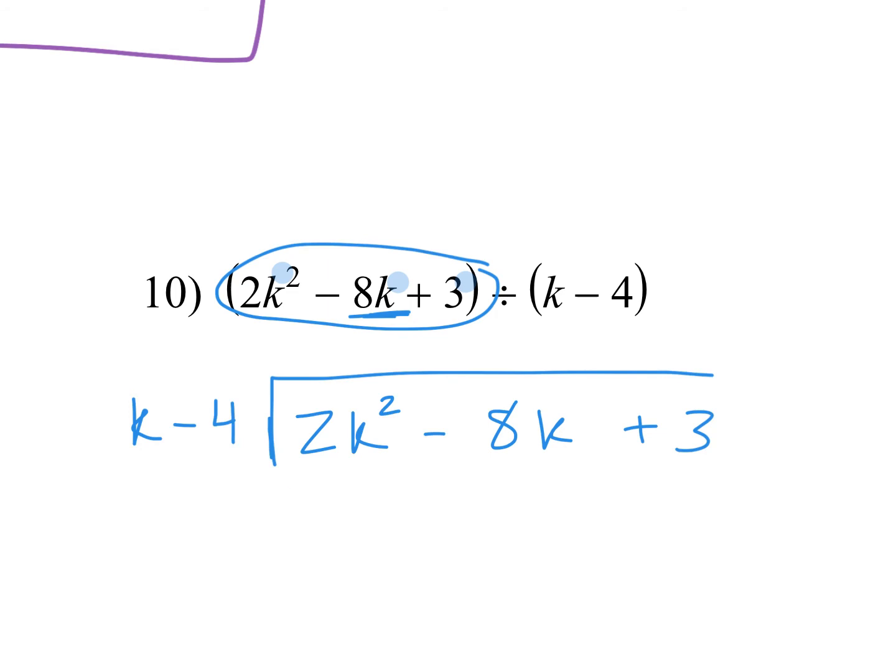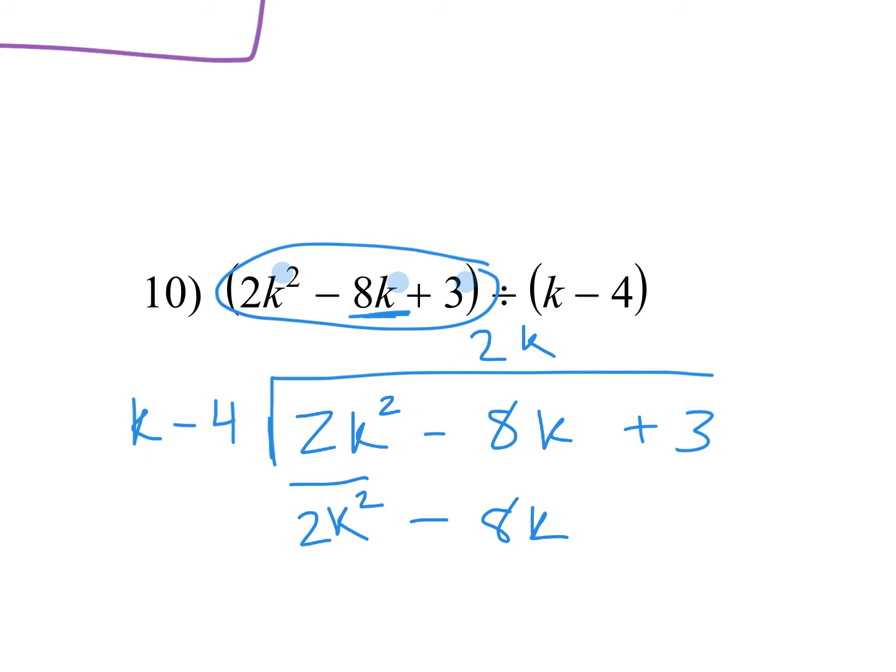So first step is divide. What's 2k squared divided by k? It's just 2k. Next step is to multiply, so 2k times k would give us 2k squared. And then 2k times negative 4 is negative 8k.